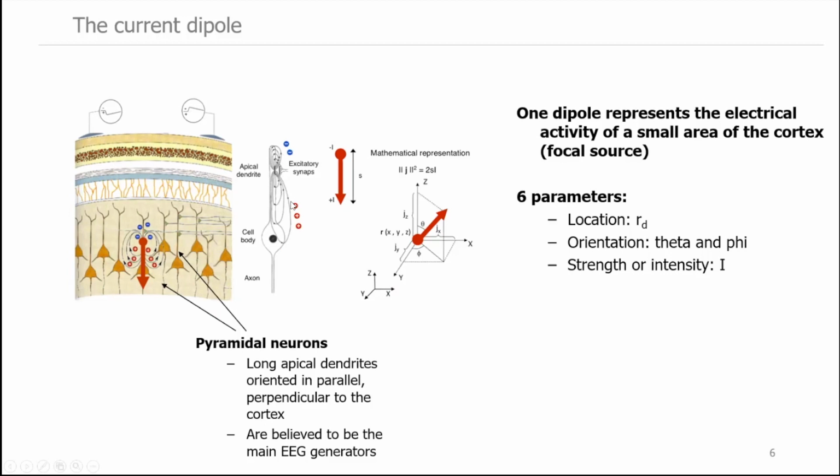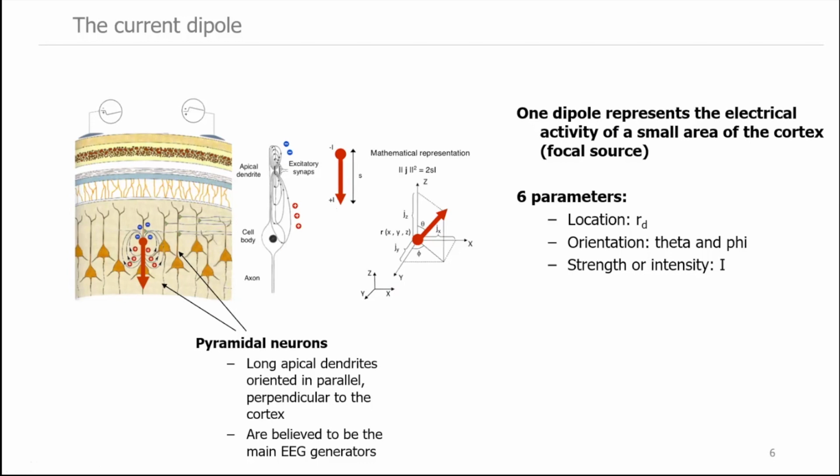So you have a negative and a positive pole, so you can represent them by a dipole. So with a negative and a positive current, and basically, one dipole represents the electrical activity of a small area of cortex, of a focal source in that cortex, and it has 6 parameters.